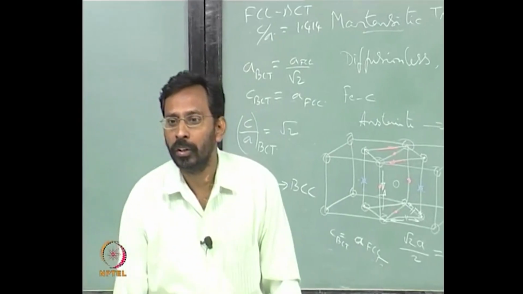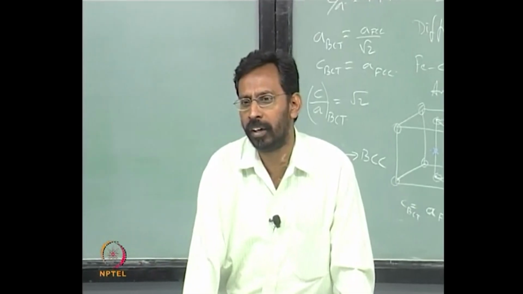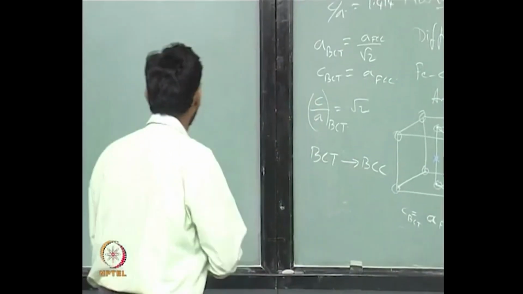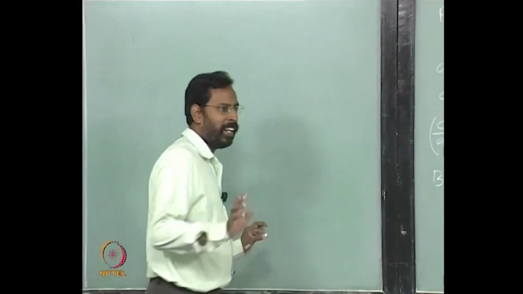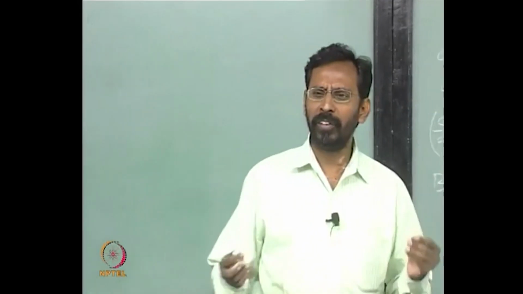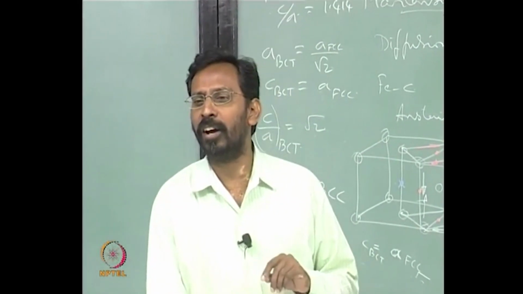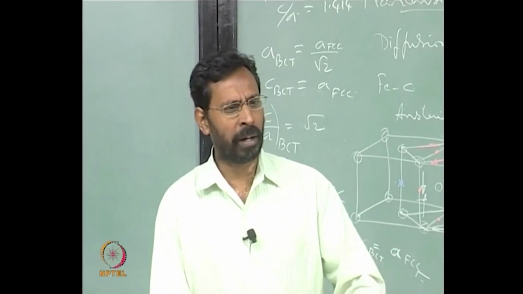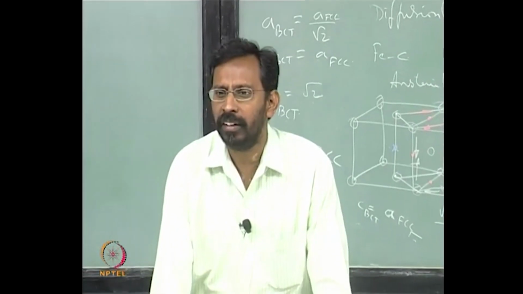In our iron carbon diagram, what is the low temperature phase? You remember the phase diagram? There is nothing like FCC being the stable state; it depends on the electronic configuration of that element. For example, there are metals which form BCT.